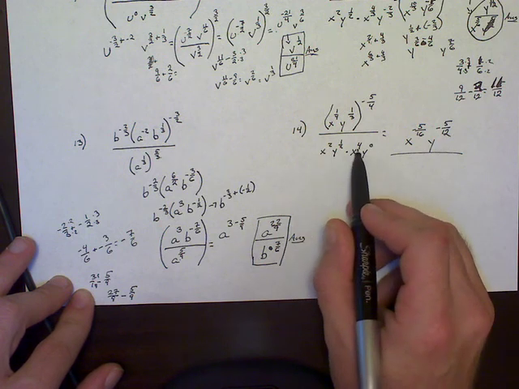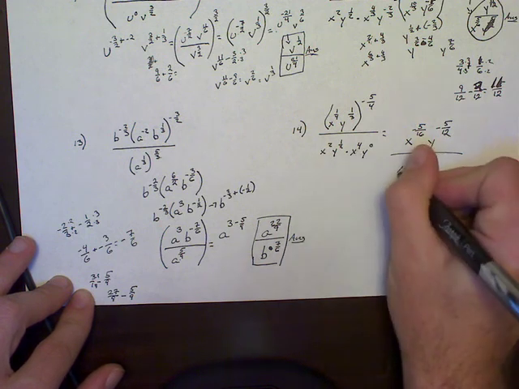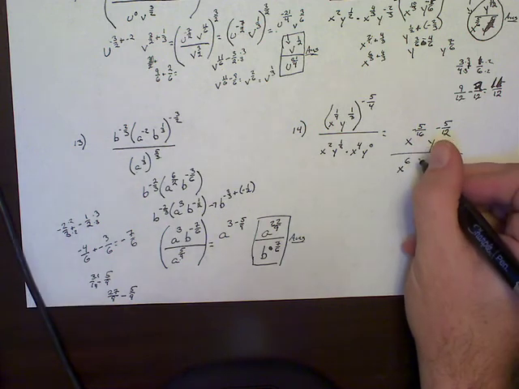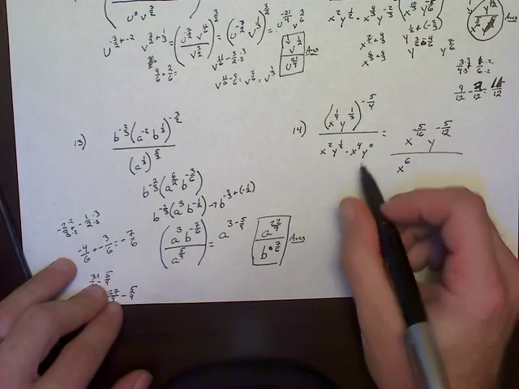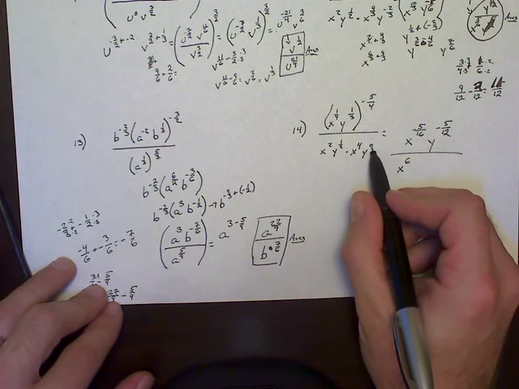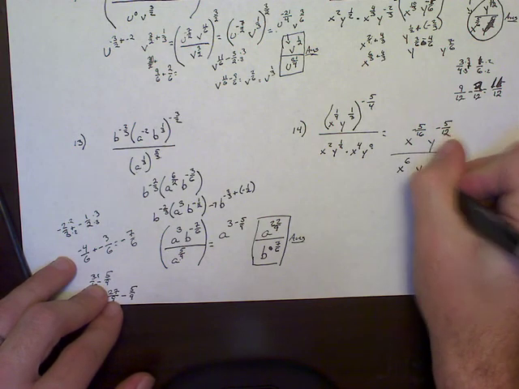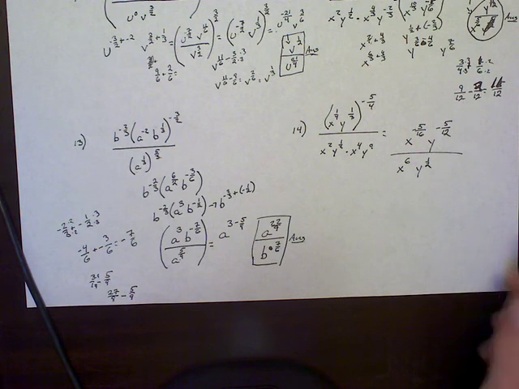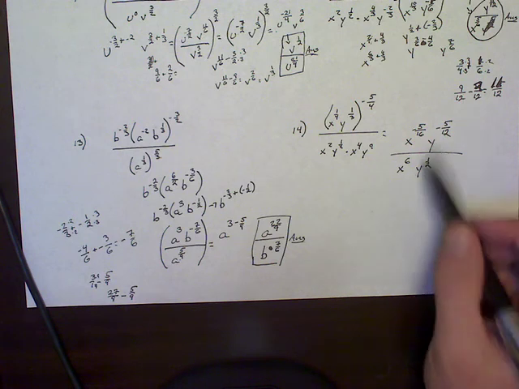X to the 2nd times x to the 4th, we're going to add those, so that becomes x to the 6th. And then y to the 0 automatically becomes 1, so we're going to leave that y to the 1/2 down there. Holy cow, she's definitely not making this easy on us with these fractions.